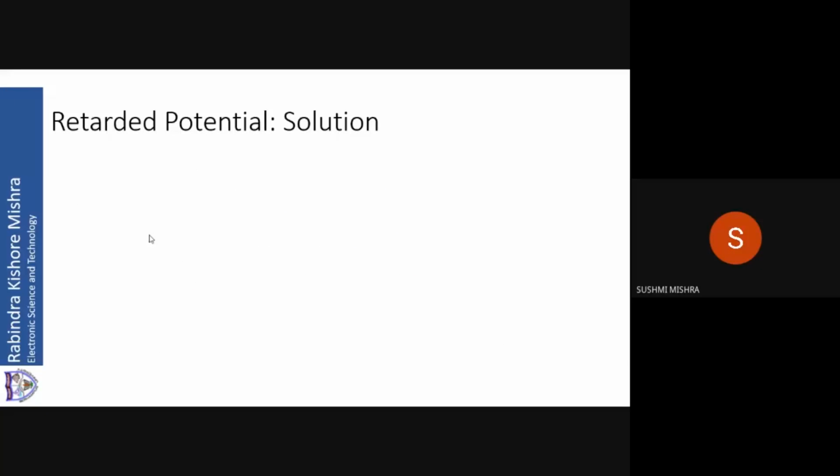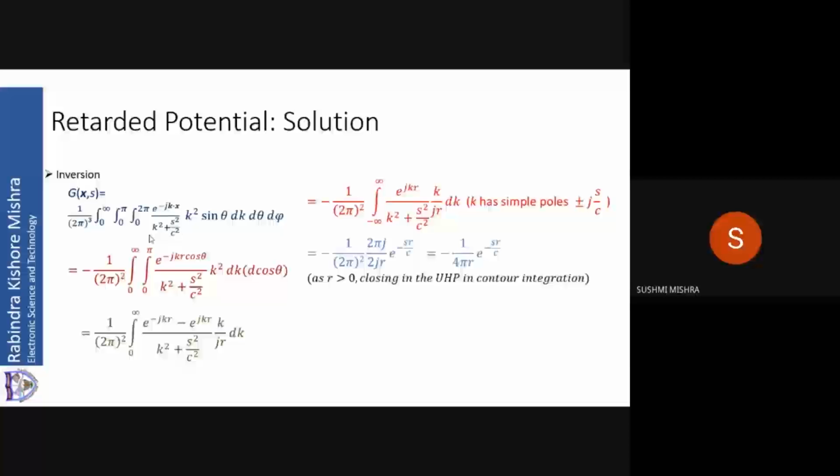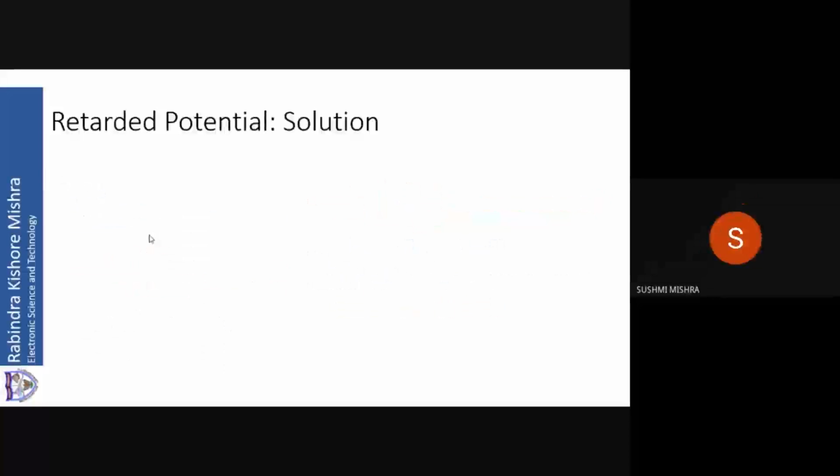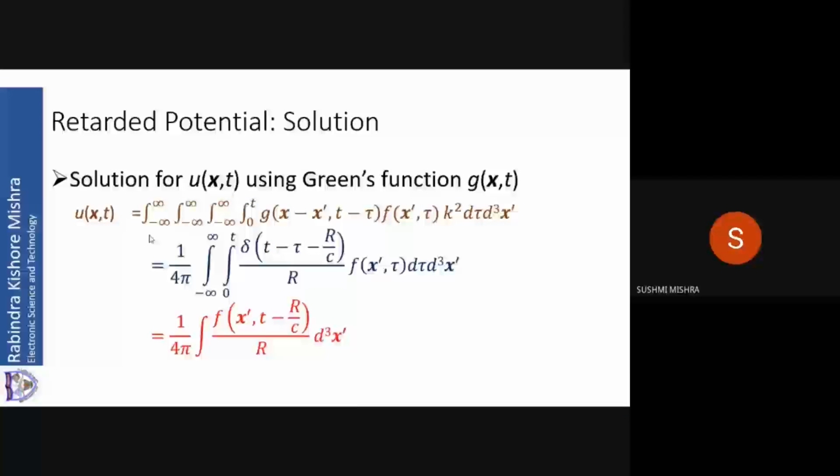Using that, we have found the solution for the potential. Finally, we inverted for the Green's function, and we found the solutions in this form: u(x,t) is equal to 1 by 4 pi times the integral of f(x', t minus r upon c) divided by r, integrated over the whole volume.